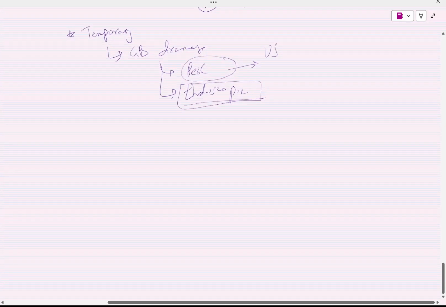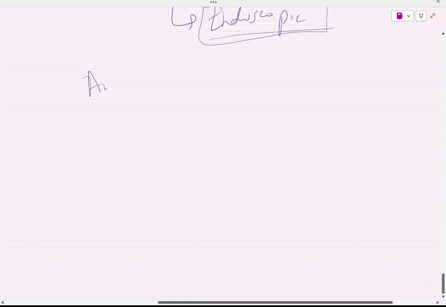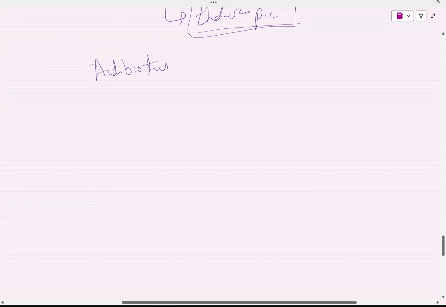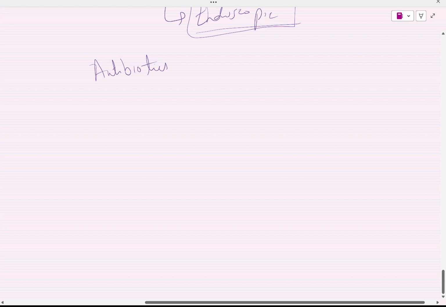So what antibiotics can we use? First we are going to perform blood cultures. After blood culture and bile culture, you rule out what kind of bacteria are causing inflammation, so we'll give antibiotics specific to that bacteria.